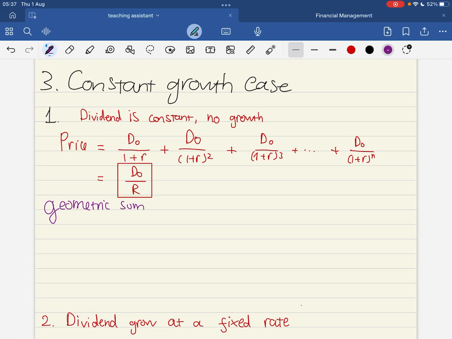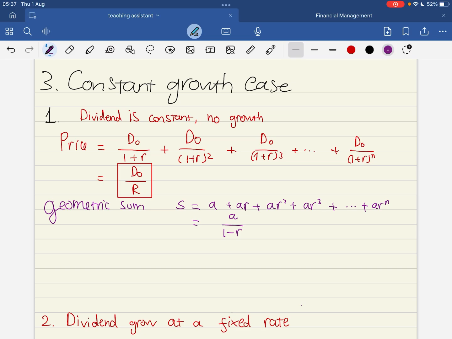According to this concept, if you have an infinite series which looks like this, A plus AR plus AR squared plus AR to the power of 3, until AR to the power of n, this total will always be equal to A divided by 1 minus R.